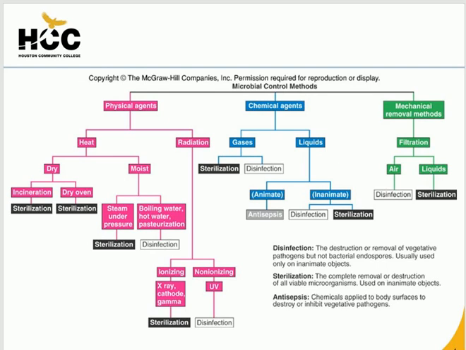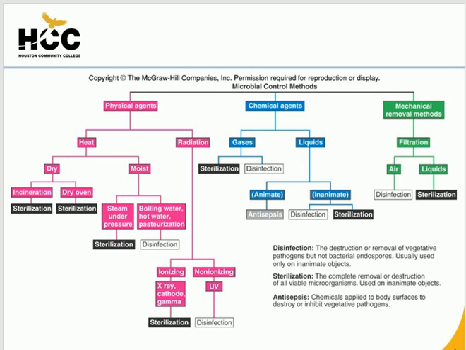If you're not using pressure, like using boiling water, hot water, pasteurization, and we'll talk about those, this is disinfection. What do you mean? Disinfection. Did we kill the endospores? No, we didn't kill the endospores. Is that clear?